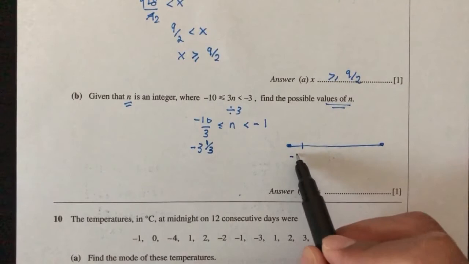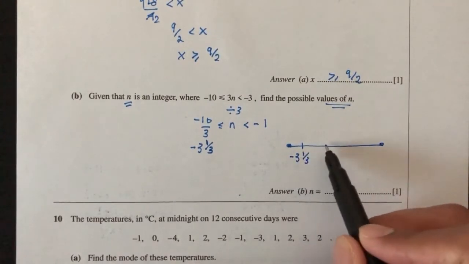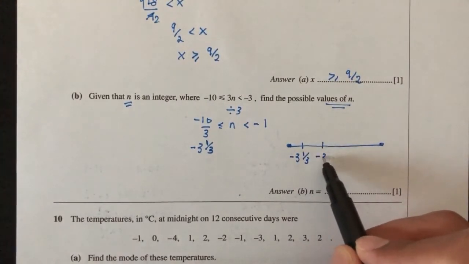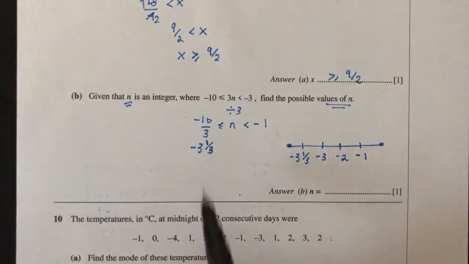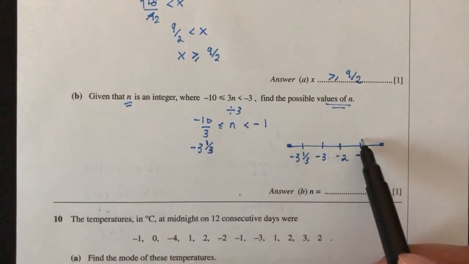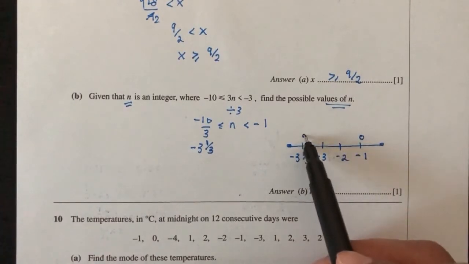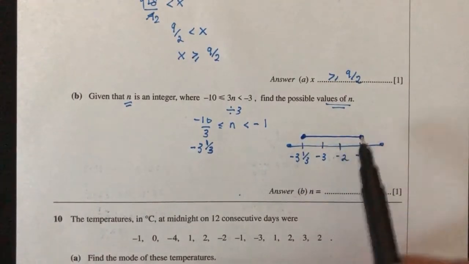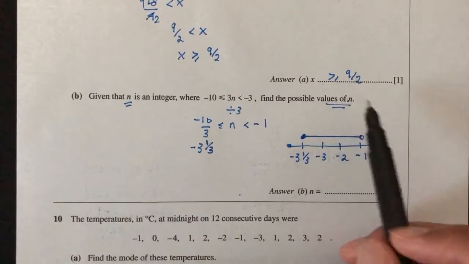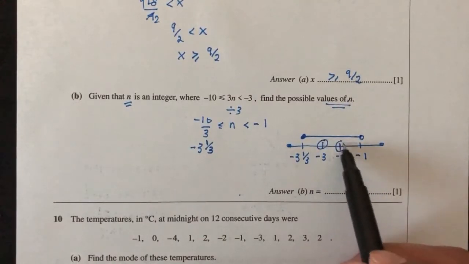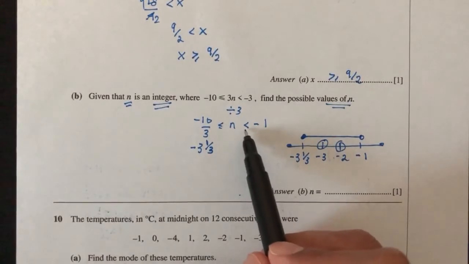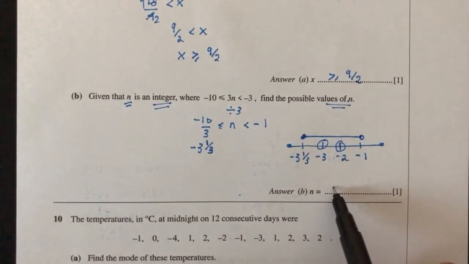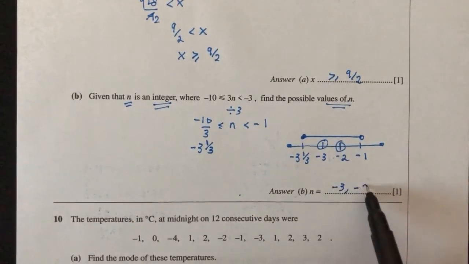Here will be minus 3 1/3. Here we have minus 3, minus 2, minus 1. This end is not inclusive, but the other is inclusive. So what are the possible values of n? Because n is an integer, minus 1 it cannot be because it is not inclusive, but for this minus 2, yes. n can be minus 3 and minus 2.